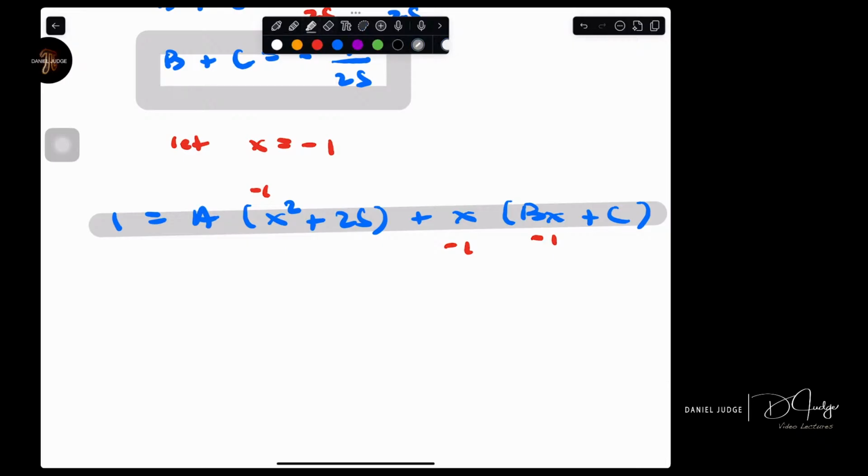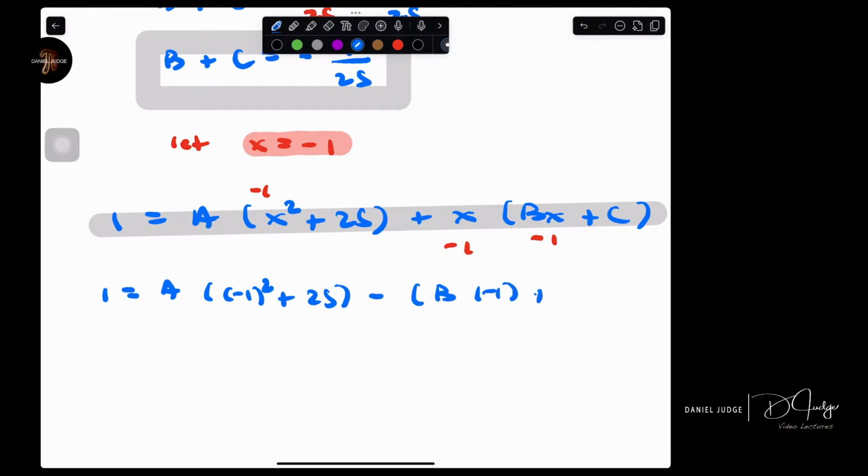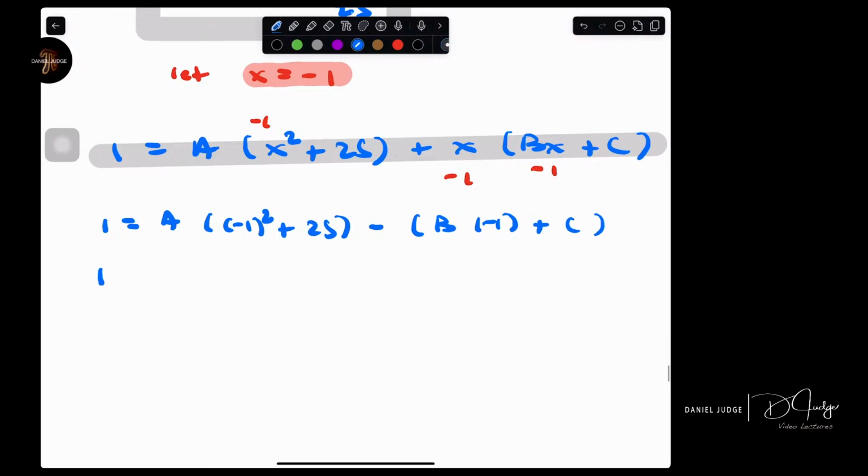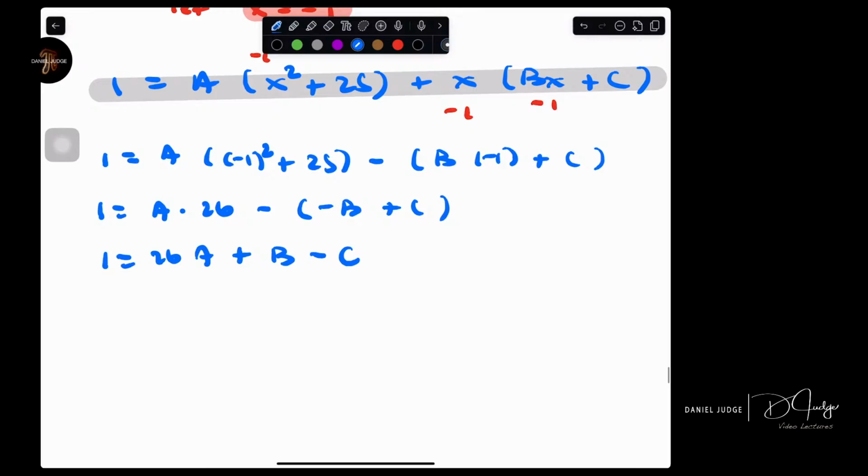So this time, looking at the case when x is -1, we obtain 1 equals a times -1 squared plus 25 minus b times -1 plus c. So I get a times 26 minus -b plus c, 26a plus b minus c.